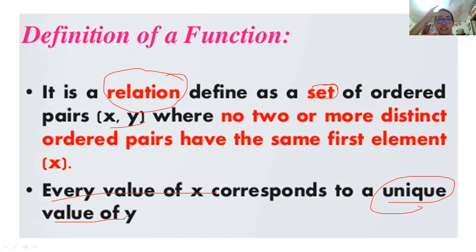As you can see on the screen, a function is a relation where your x, or your abscissa, or your x coordinate, is unique. So you have a unique value of your x.